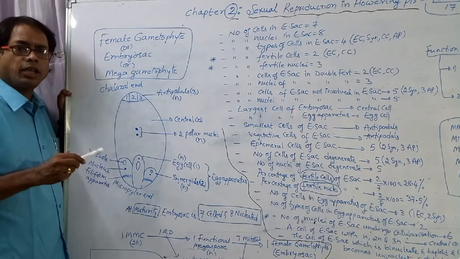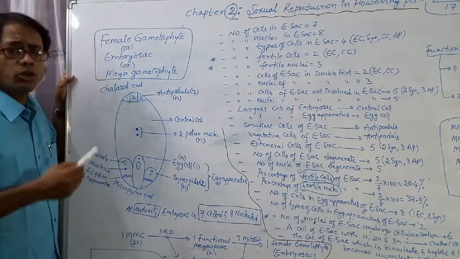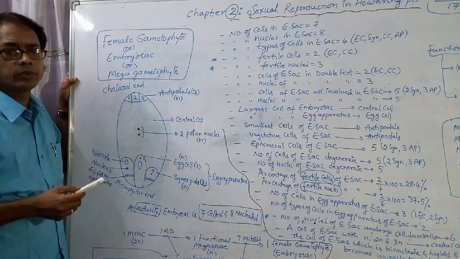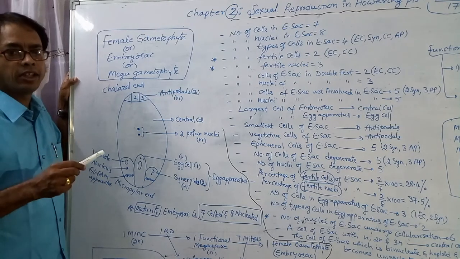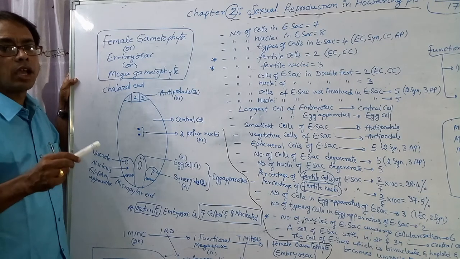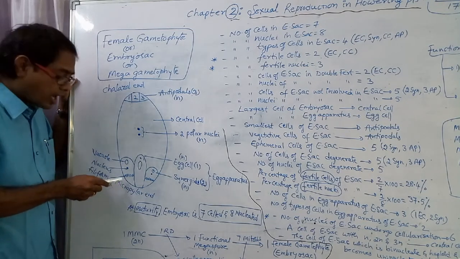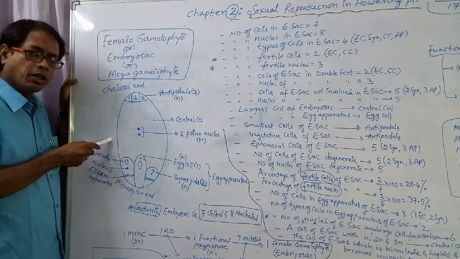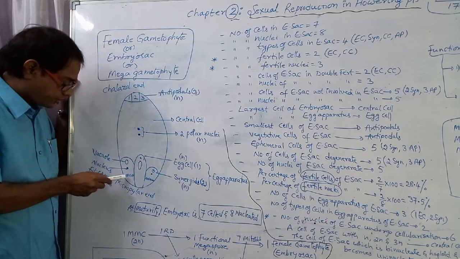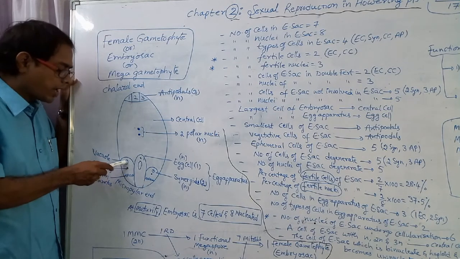What is the code I told you in the previous class? Micropylar end, code Madhu. Micropylar end, anterior end, distal end, upper end. So this is the anterior end. Anterior to posterior, the parts in the synergid are filiform apparatus, nucleus, vacuole.